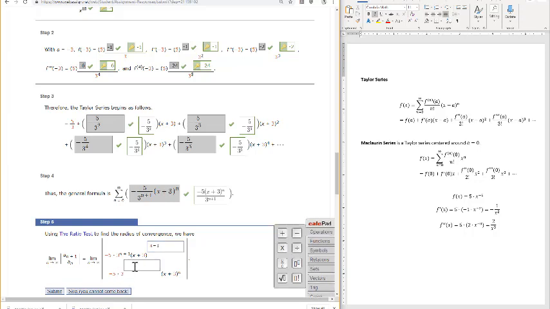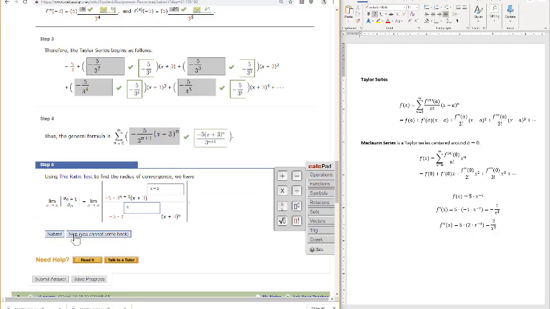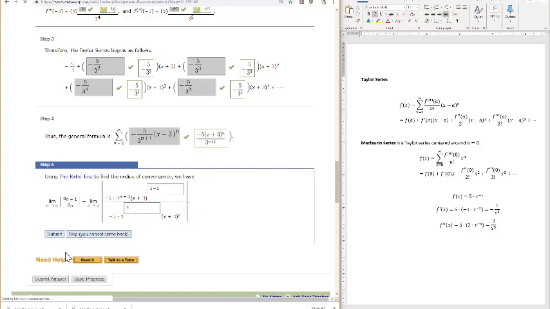And then we have 3. They may have written this backwards. I think this should be a 3 to the n, because it's a 3 to the n in the denominator. So if this is correct, then they may have made a mistake. Let's submit it.